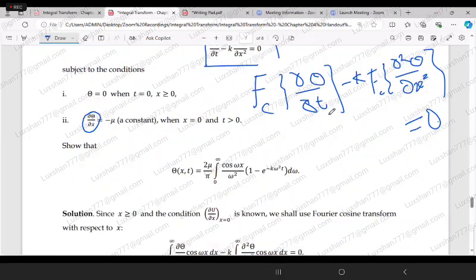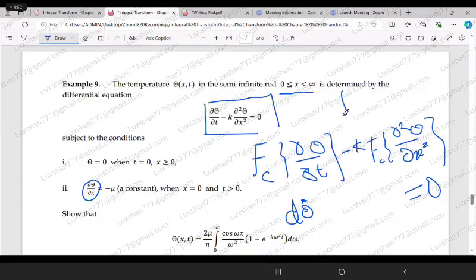Because my t is the secondary variable, I don't have any problem here. So I can write this as d theta bar c over dt, because the Fourier cosine transform of theta equals theta bar c.